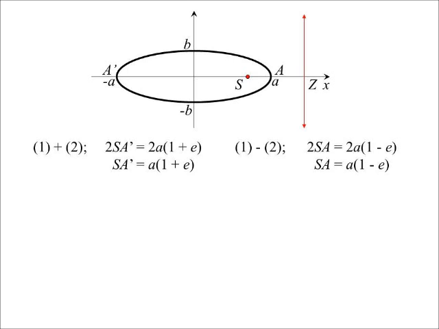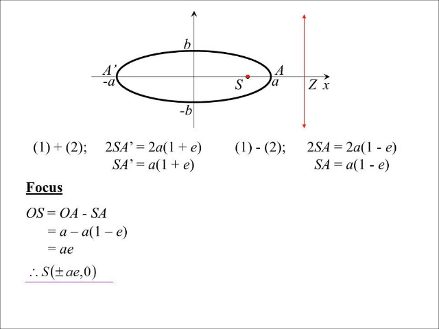Okay, so the focus, the distance from the centre to S, because basically that'll give me the x coordinate of the focus, would then be the distance from O to A minus the distance from A to S. O to A is A. We just said that S to A is A(1 - E). We get a lovely little expression, simply AE.